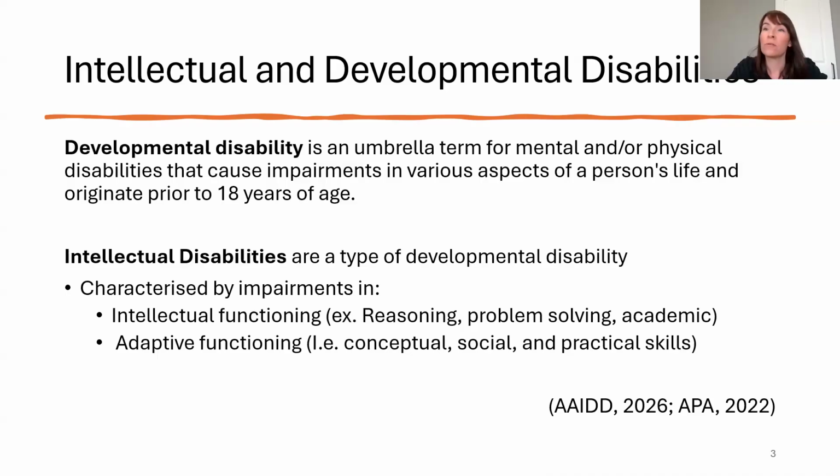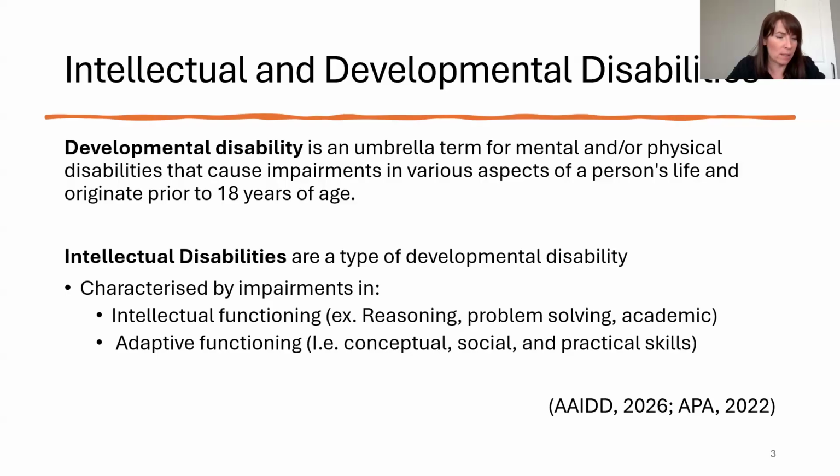Some examples of diagnoses that you might be familiar with would be intellectual disability, fetal alcohol spectrum disorder, autism spectrum disorder, Down syndrome, Prader-Willi, Angelman syndrome, Fragile X, to name a few, not exhaustive. Individual experiences of these disabilities range in degree of impairment and associated needs.